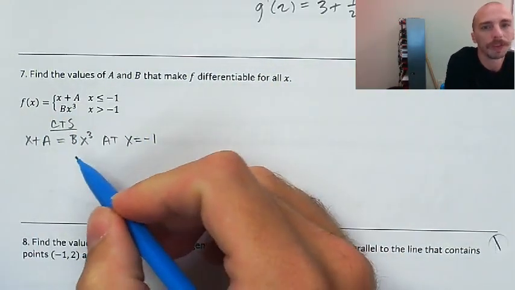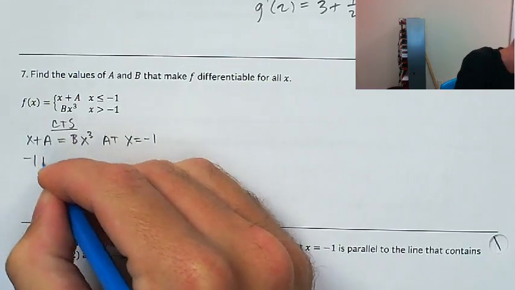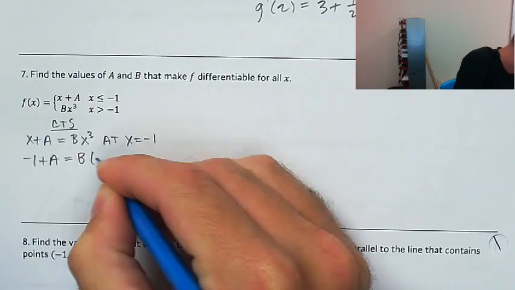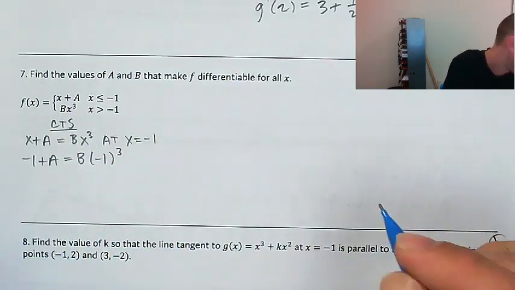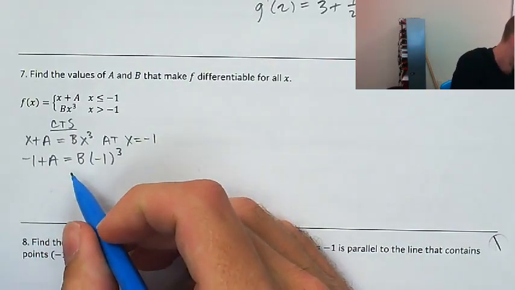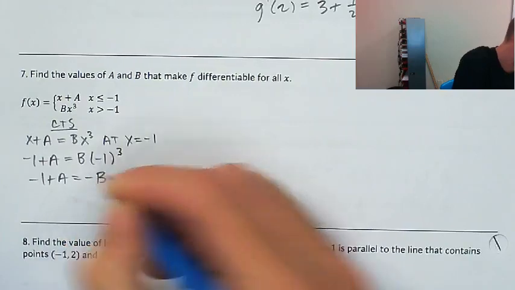Okay, I'll plug in x equals negative 1, but that's just going to give me an equation in a and b. So negative 1 plus a equals b times negative 1 to the third, and so that's negative 1 plus a equals negative b.